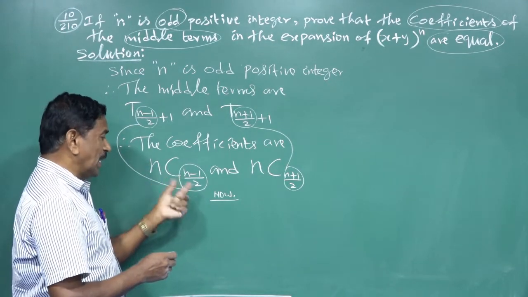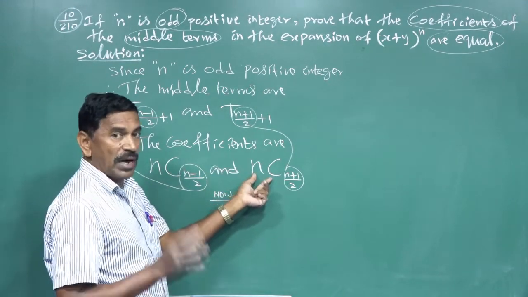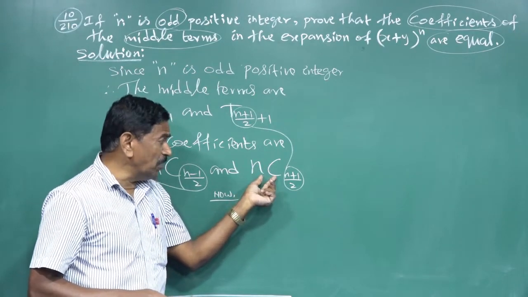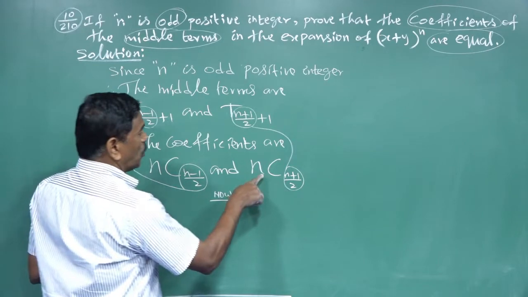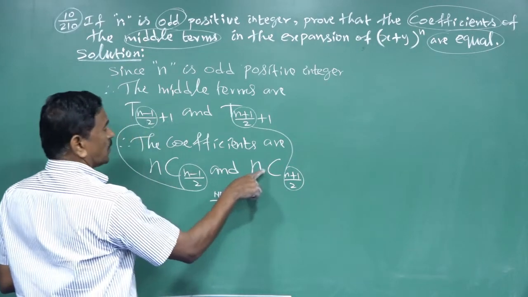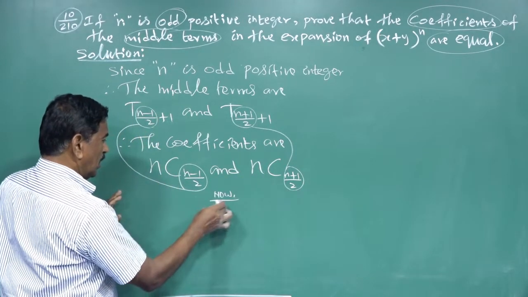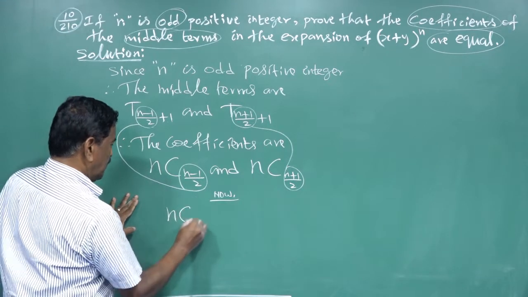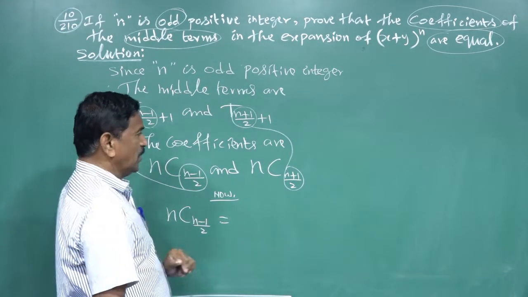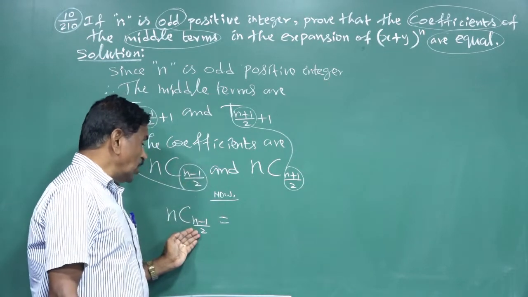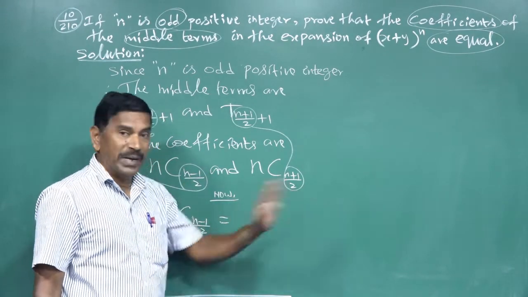One can take any one: taking the first and proving the second, or taking the second and proving the first. Both are correct. Now I want to take this first one. Remember, listen carefully: nC((n-1)/2). We know that nCr is equal to nC(n-r).